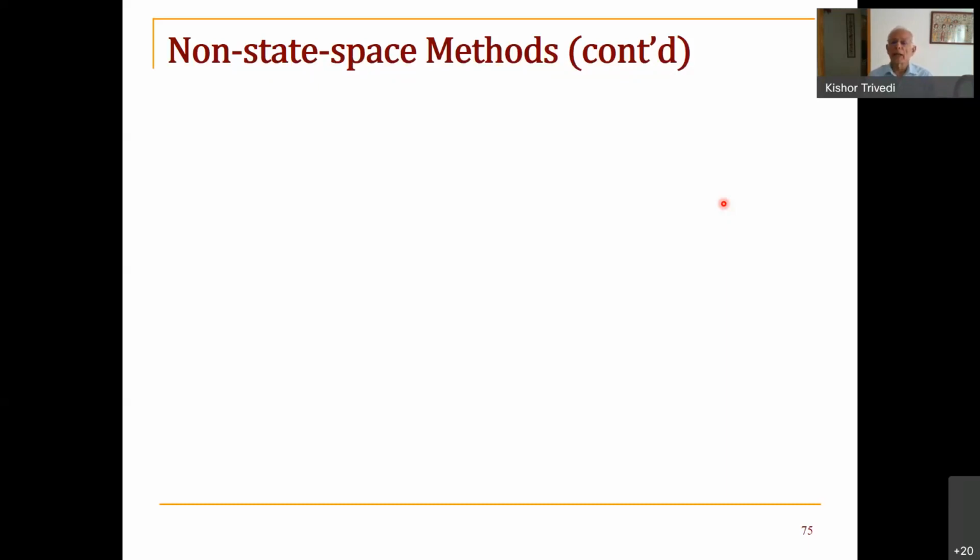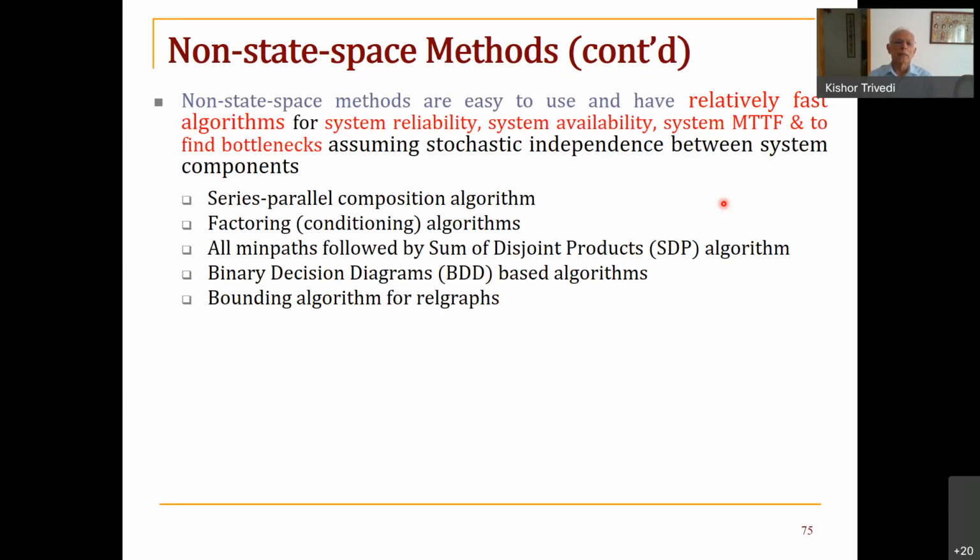So I will summarize now what we have said so far about non-state space methods. Non-state space methods are easy to use and have relatively fast algorithms for system reliability, system availability, system mean time to failure, and to find bottlenecks. But the key assumption necessary for doing that is stochastic independence between system components.